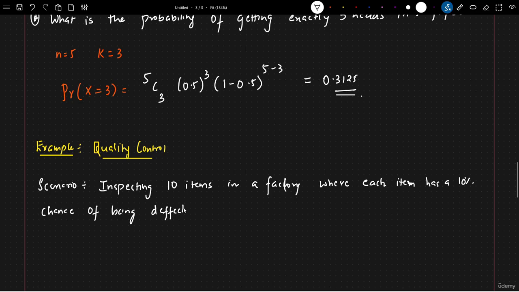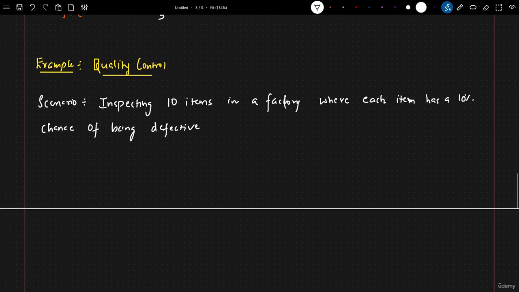So what is the chance of being defective? It is 10%. Let me go ahead and write it like this. Defective. Okay. Now in this scenario, what kind of questions may come?